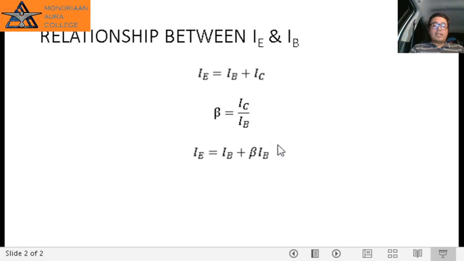So pareho lang yan. Iba lang yung terms. Okay? And then, factoring out IB, magkakaroon tayo ngayon ng IE equals beta plus 1 times IB. So, this is the relationship between the two currents. Magagamit natin ito pagdating natin sa mga examples natin, calculating for the different DC parameters.